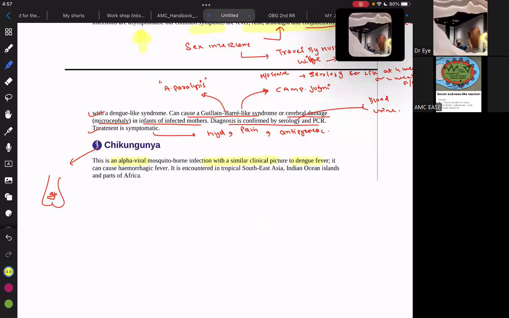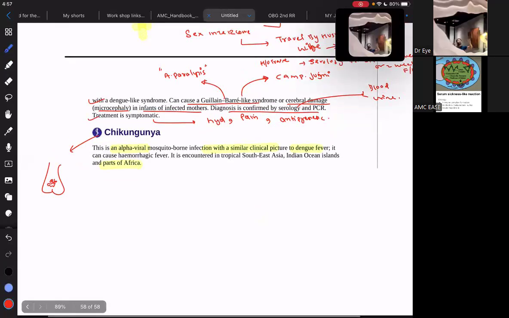It can cause hemorrhagic fever. It is encountered in tropical Southeast Asia, Indian Ocean islands, and parts of Africa. Please remember that the patient will have arthralgia. Very, very important.